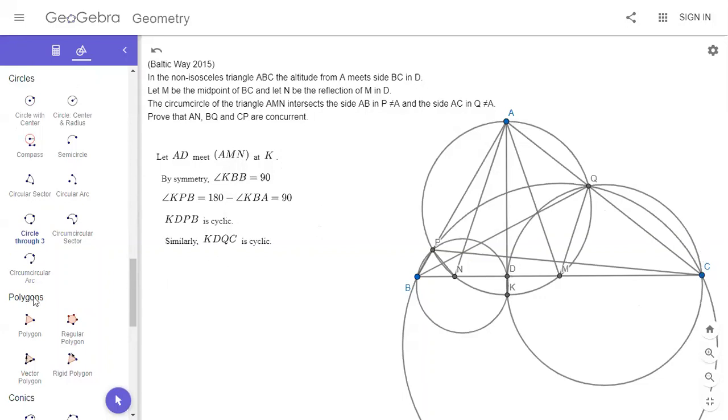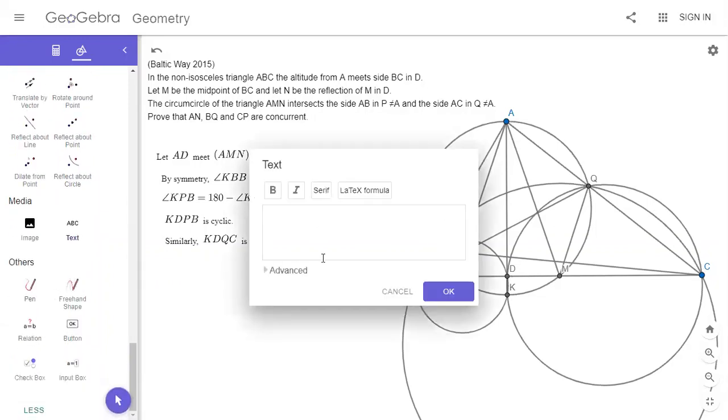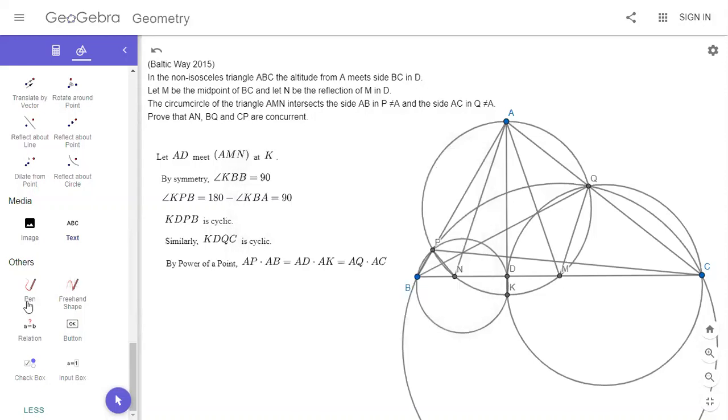And then by power of a point, you have AP times AB is equal to AD times AK is equal to AQ times AC. So BPQC is cyclic.